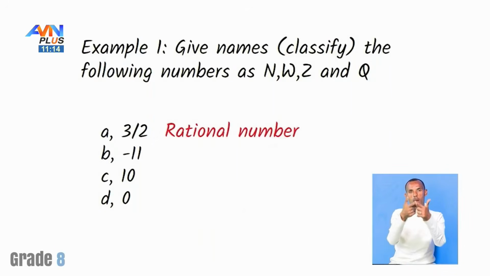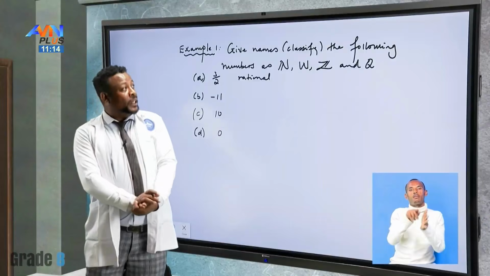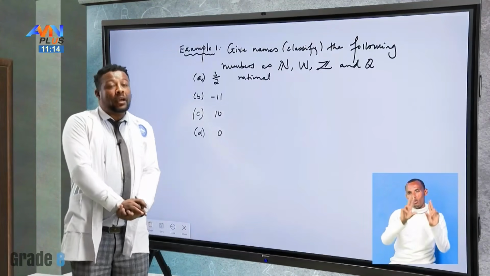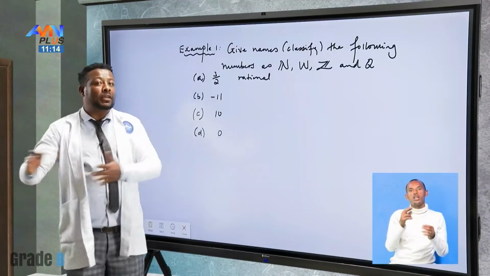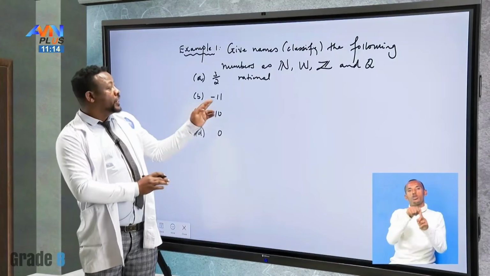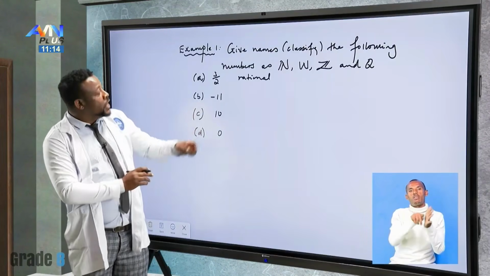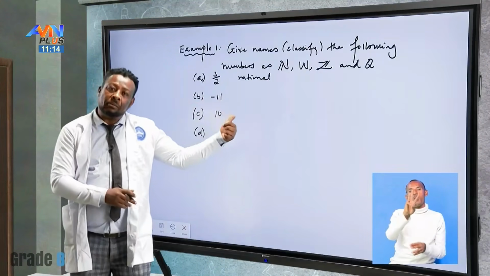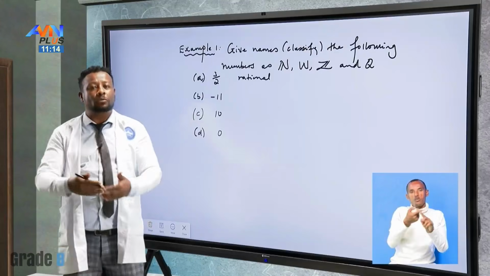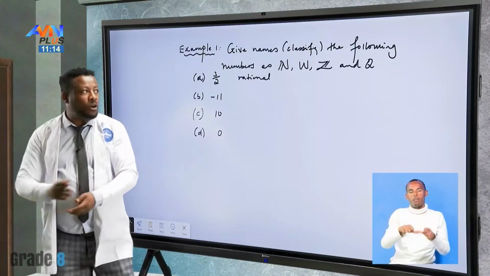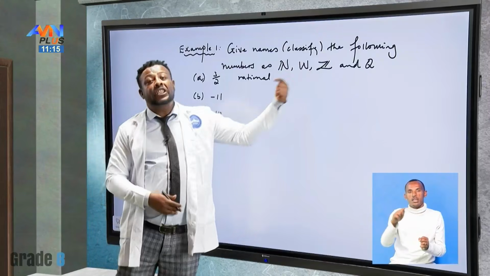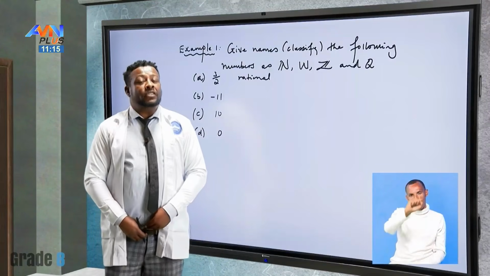Whenever you go to the second number, minus 11, is it a natural number? It's not, because natural numbers are positive. So there is no negative natural number. So this is not a natural number. This is not a whole number, because whole numbers start from 0, 1, 2, and so on. So can it be an element of integers? Yes, of course.